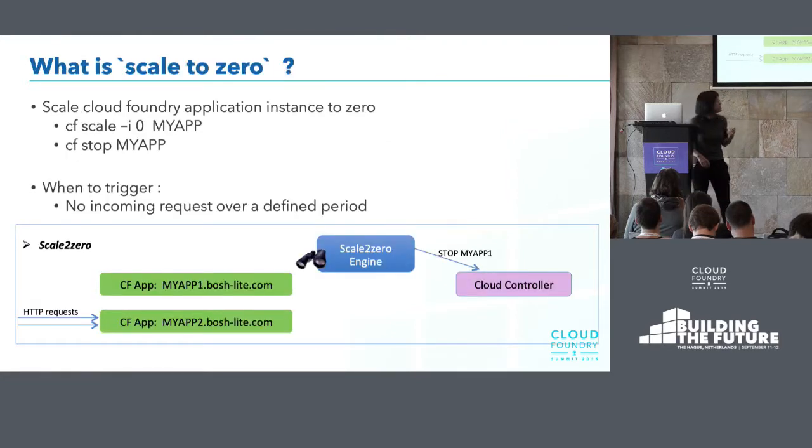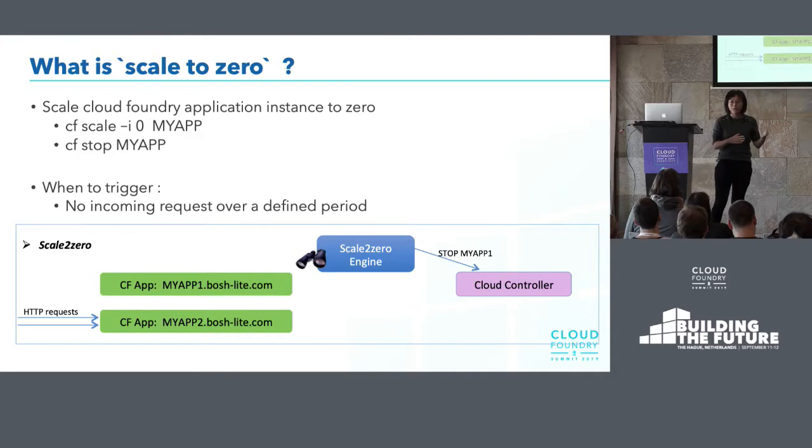Okay, so what is scale to zero? When you run an application on Cloud Foundry, it has one or more instances. All these running instances consume resources, CPU, memory, and so on. And all these resources cost money. You will pay for that.